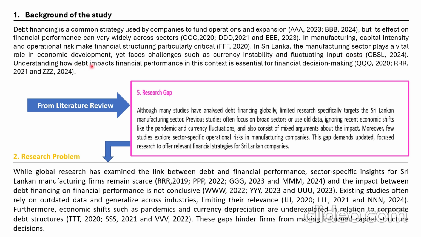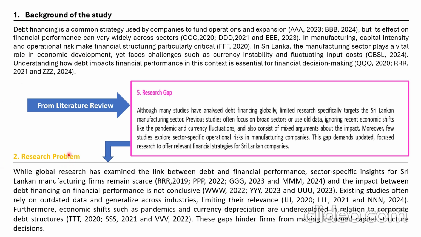So understanding how debt impacts financial performance in this context is essential for financial decision making. This is the way that you start and continue your background of the study. You need to specifically highlight the importance of your research problem when it comes to the background of the study.